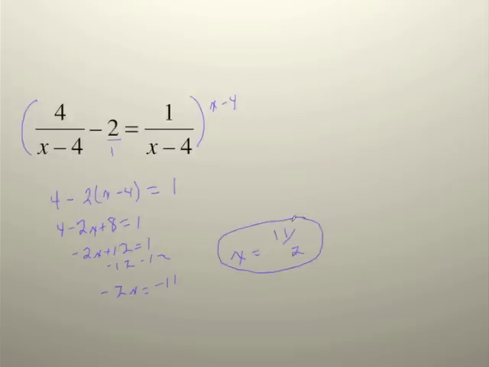Now, one thing I have to do with an equation with the variable in the denominator, since the denominator can never equal 0, it would mean we're dividing by 0, we know already here that x cannot equal 4. And if we came up with a solution of 4 here, we would have to throw that out.